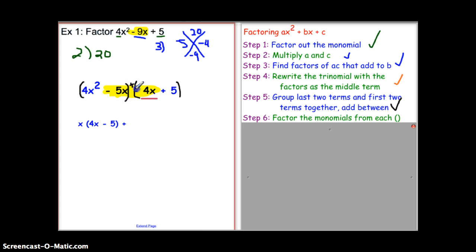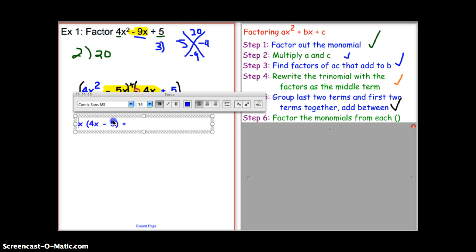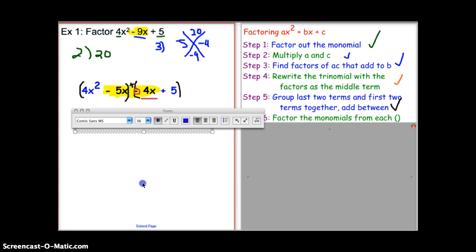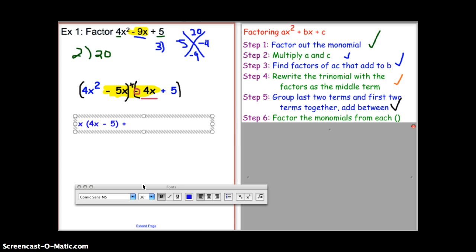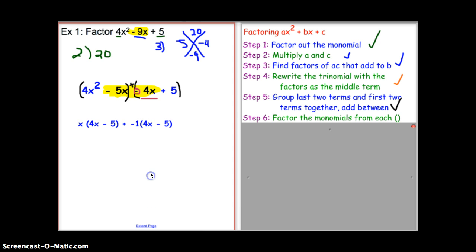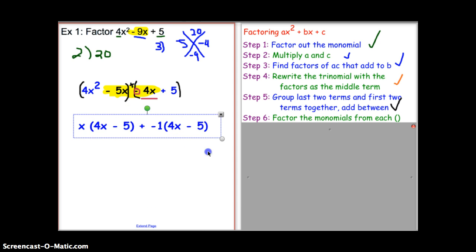So since that's a negative in there, I'm going to pull out a -1. So when I pull out a -1, that leaves me with the opposite of -4x, which is a positive 4x. The opposite of adding 5 is subtracting 5. So for step 6, I've got x times 4x minus 5 plus -1 times 4x minus 5.